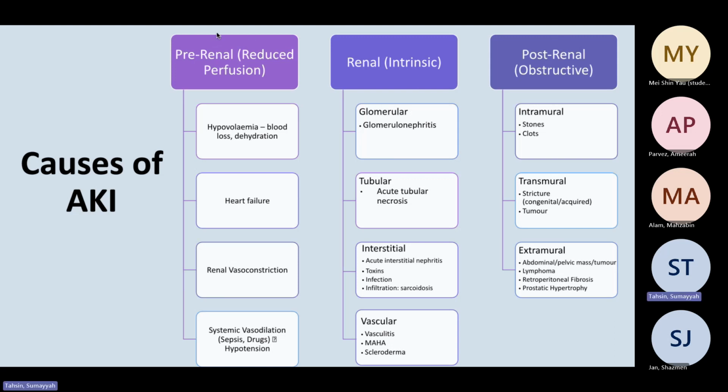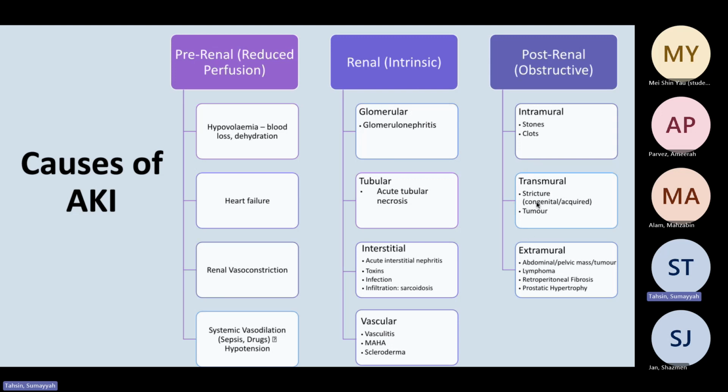And then post-renal causes of an AKI are due to obstruction, which means that there is an obstruction to outflow in the kidney, and therefore the kidney's function is being affected as a result. Now, these can be separated into intramural, which is within the ureter itself, so the inner lining. So, for example, if you've got a stone or a clot. Transmural, which is within the walls of the ureter.